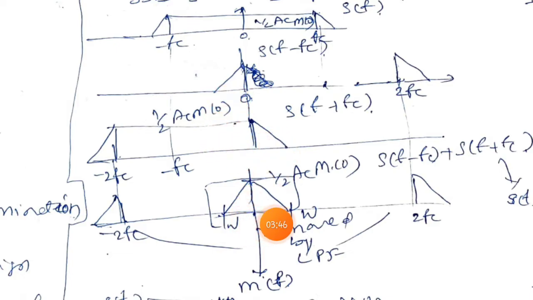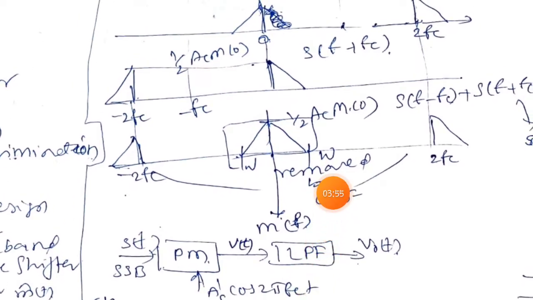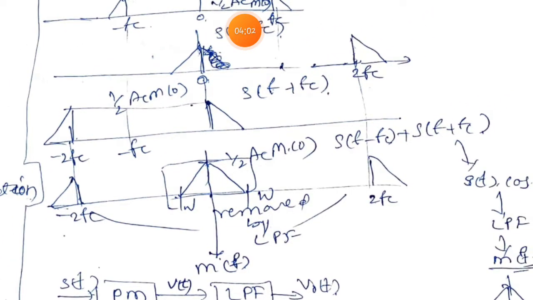Total we got two triangles, so it looks exactly like the spectrum of the message signal. So by adding the two spectrums, M(f) is obtained here.